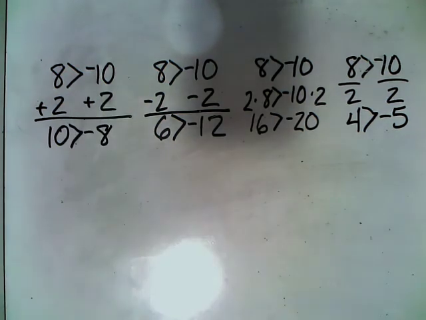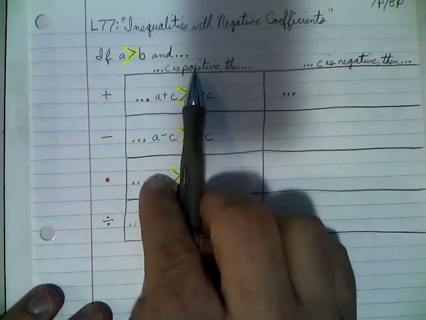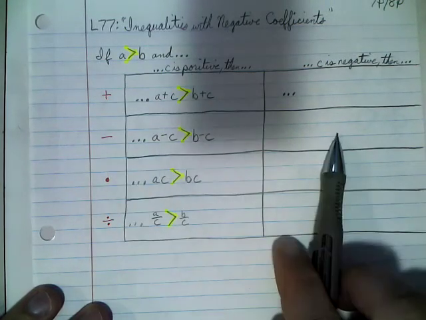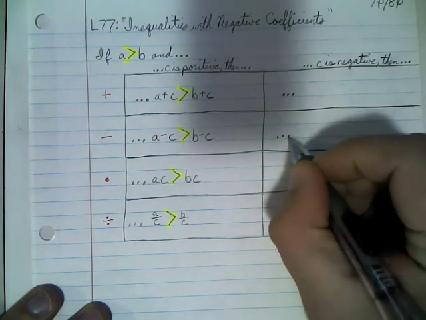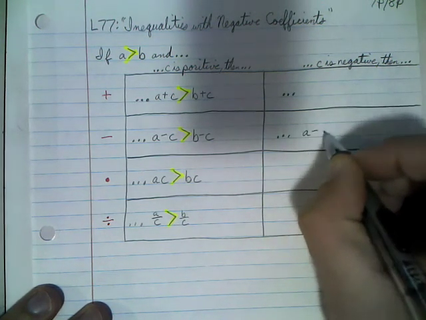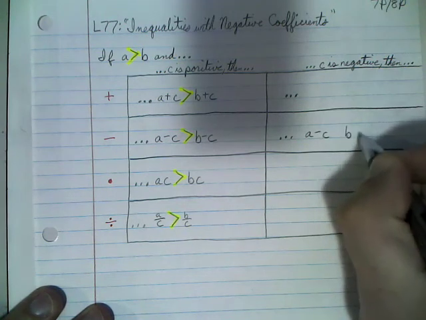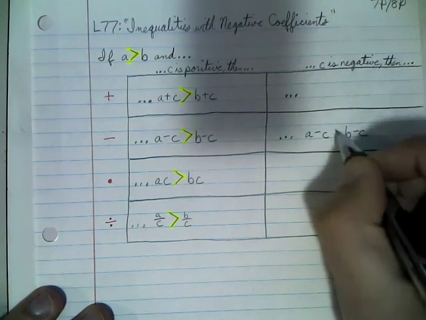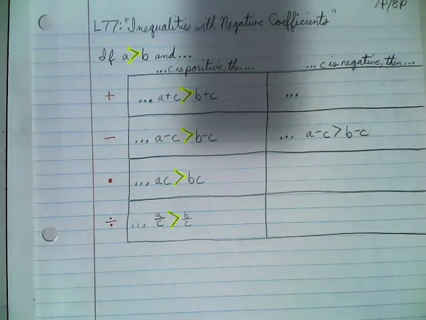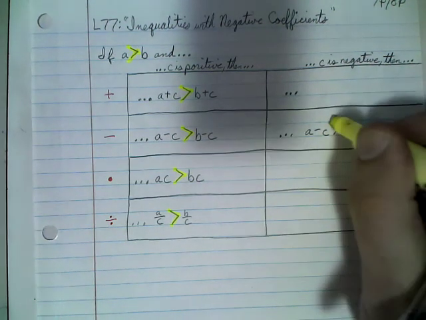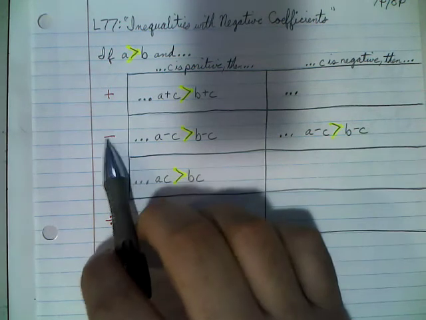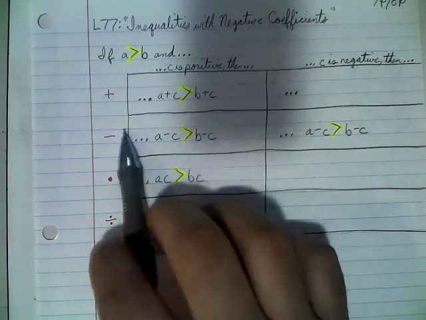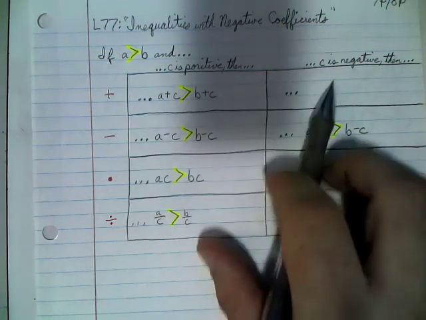So it turns out that adding a positive is the same as subtracting a negative. So therefore, this would stay the same. And for that matter, subtracting a positive is the same as adding a negative.